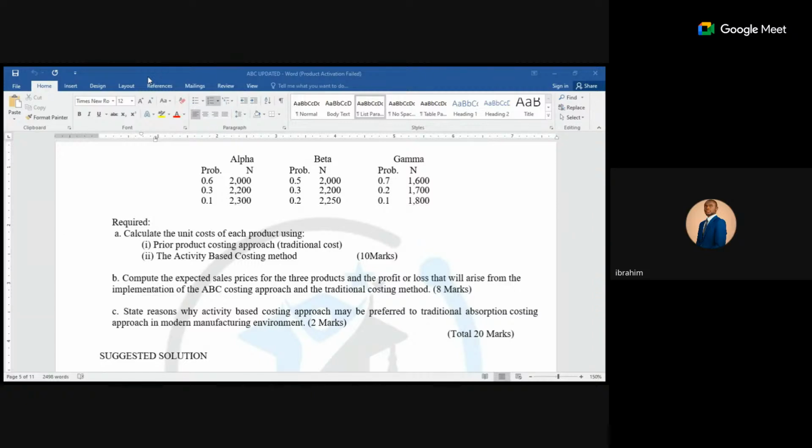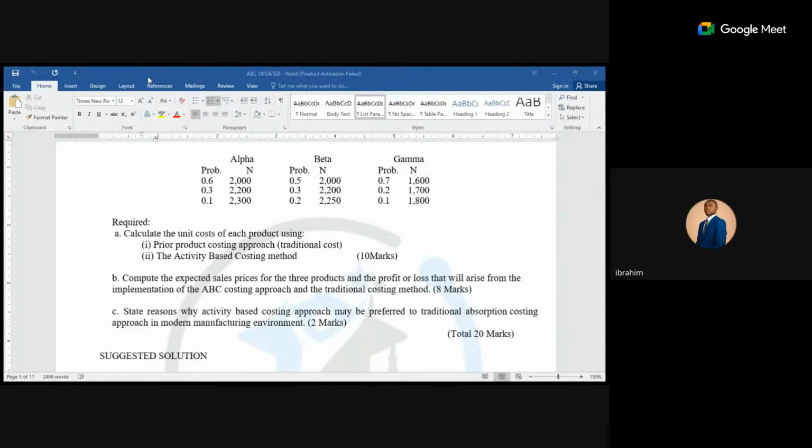Recall that in our previous lecture, we've calculated the unit costs of each of the products. What are the unit costs? The unit costs include the direct costs in producing the product and the overhead costs.